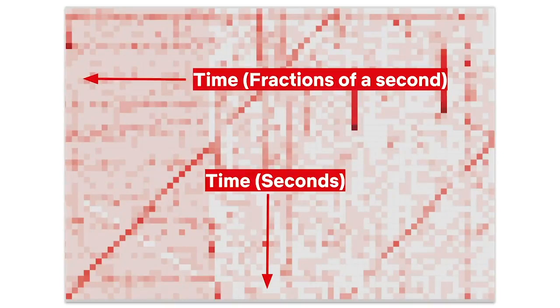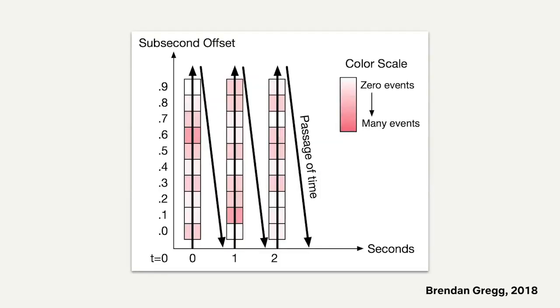So if we have 10 rows, for example, each cell in that heatmap represents 100 millis of that profile. It's drawn bottom to top, left to right. The color of each box reflects the number of events that happen within that time window, so that cell. The darker the red, the more events happen.